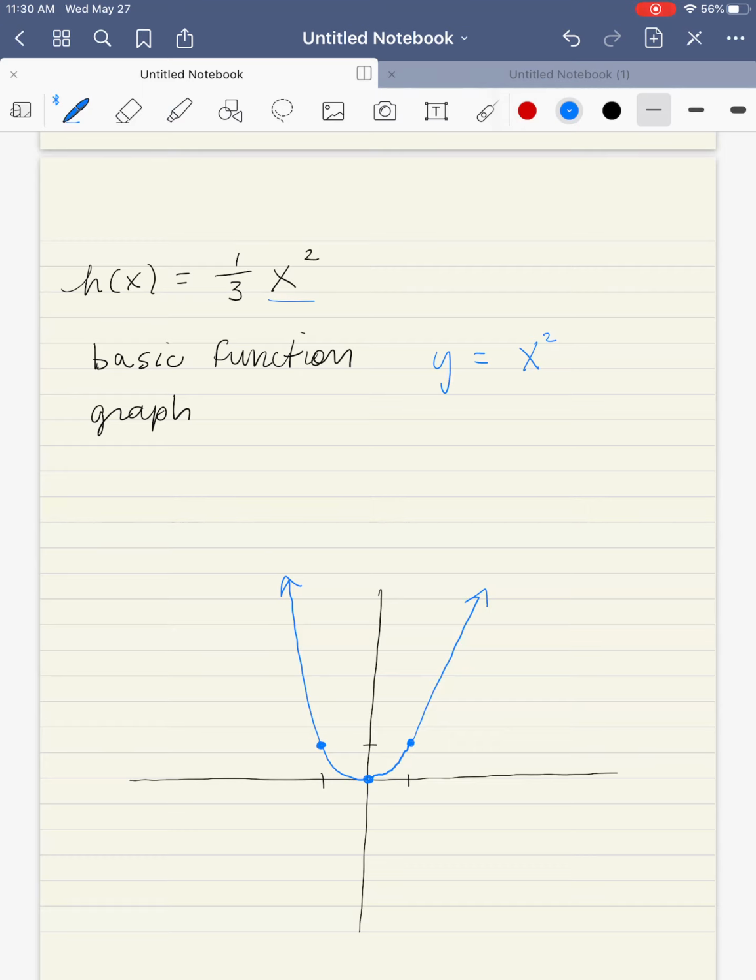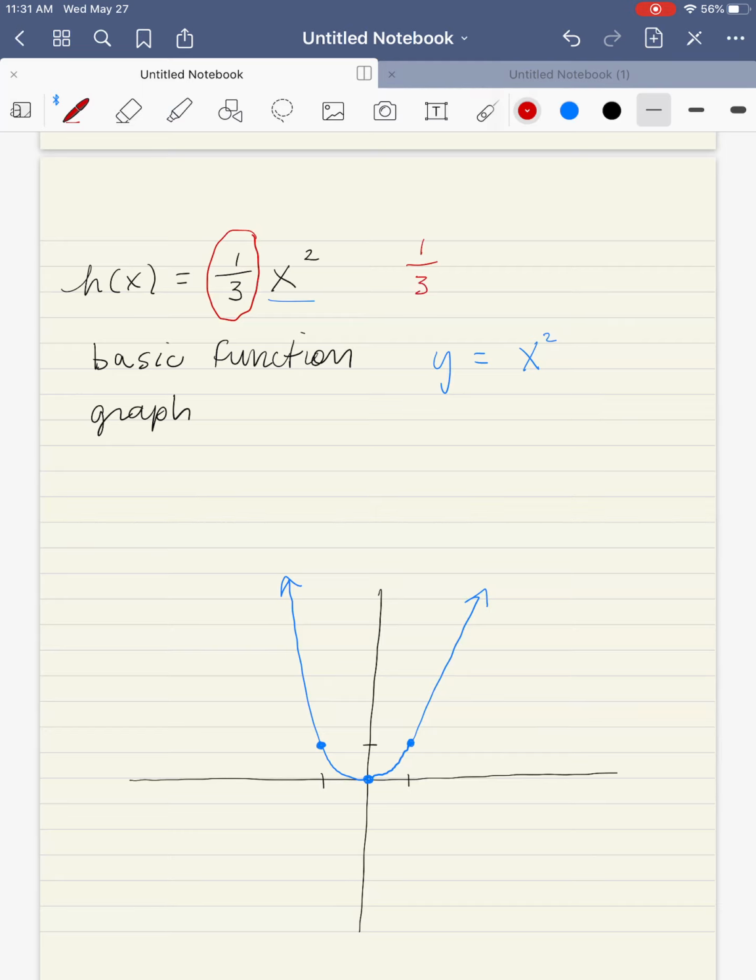All right, now, when we look back at our function here, h of x, we see that we are multiplying by 1/3. Because we are multiplying, that means it is a stretch or a shrink in the vertical direction, up and down.